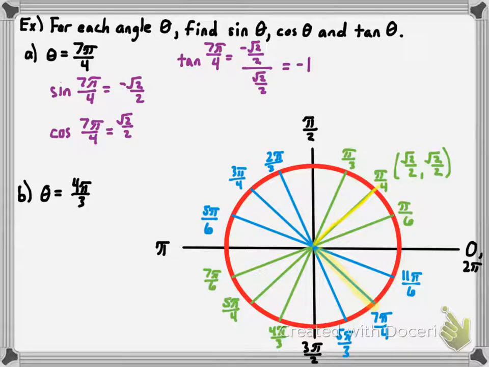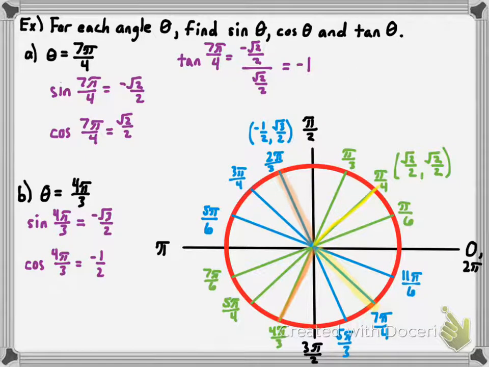Alright, now for 4 pi over 3, here are the angles that we're comparing. 4 pi over 3, we'll compare it to an angle in the second quadrant, 2 pi over 3. And those angles will, of course, have opposite y coordinates, so the sine of 4 pi over 3 is going to equal negative square root of 3 over 2. They'll have the same x coordinates, so the cosine of 4 pi over 3 is -1/2.